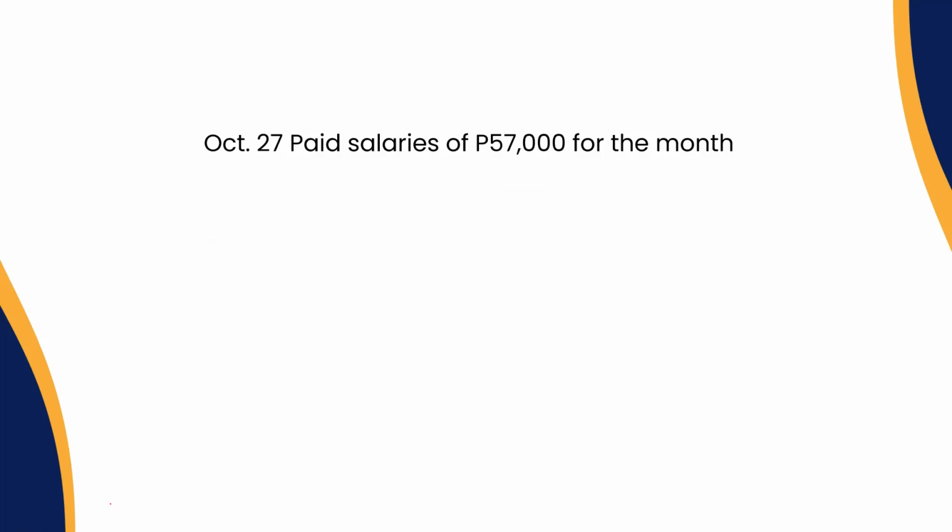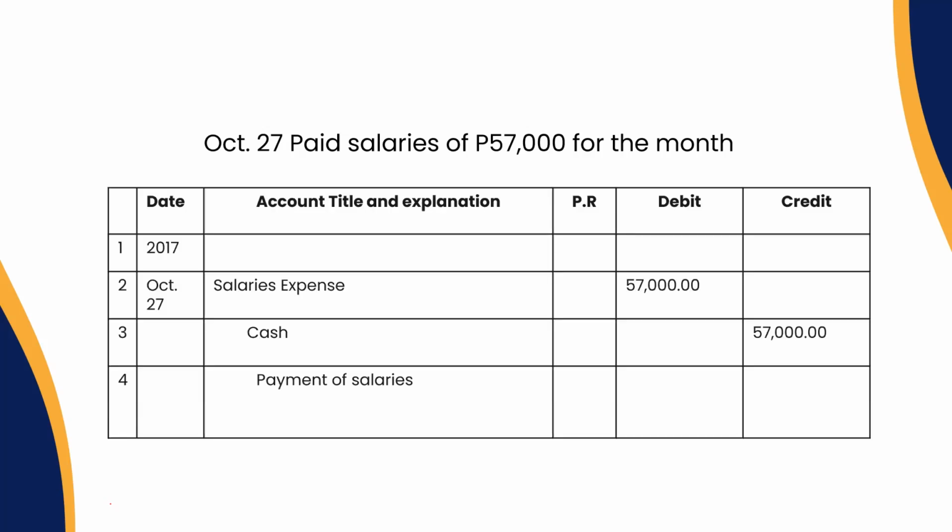If you pay for the salaries of your employees, yan, staff mo, you incurred expenses. You incurred what? Salaries expense. Always debit your expenses. And anong i-credit mo kasi nagbayad ka? Anong nawala sa'yo? Cash. So you debit salaries expense, credit cash, for what? 57,000 pesos for the payment of salaries.